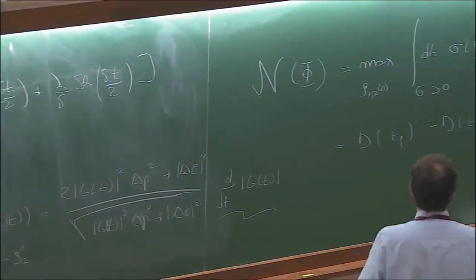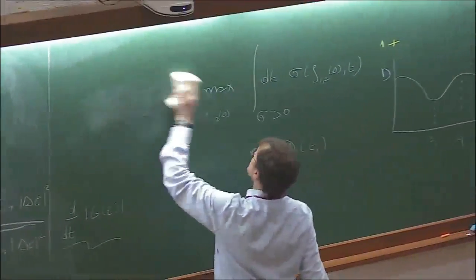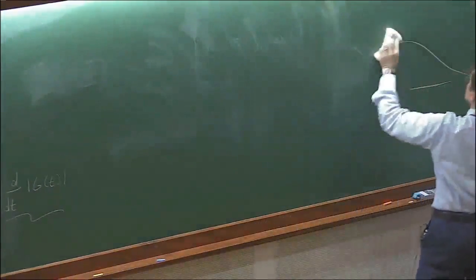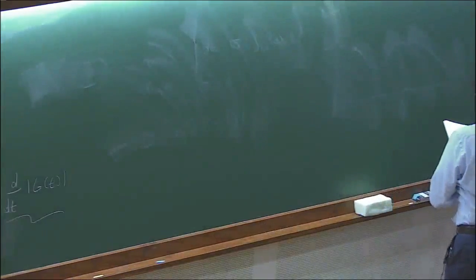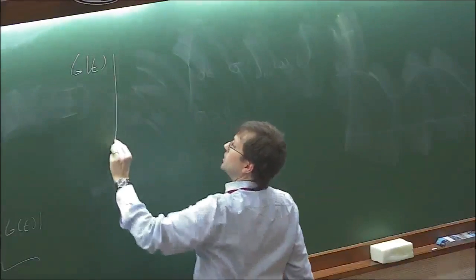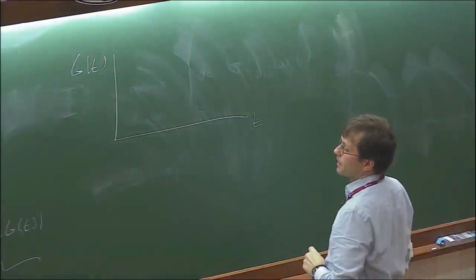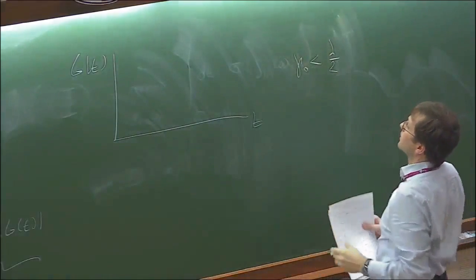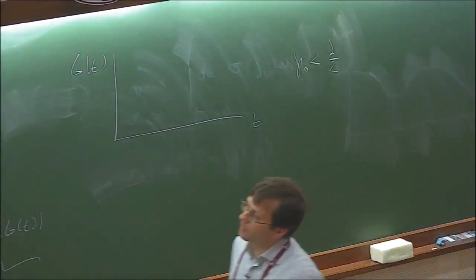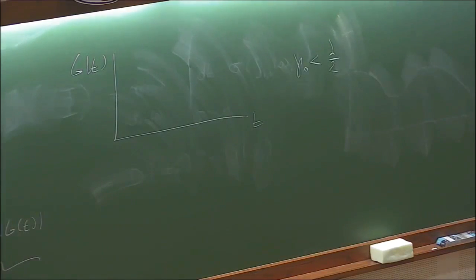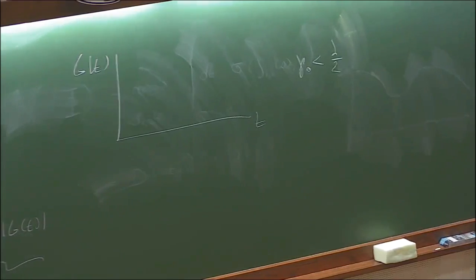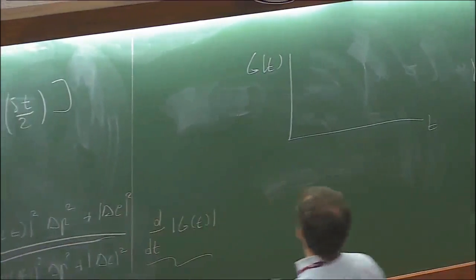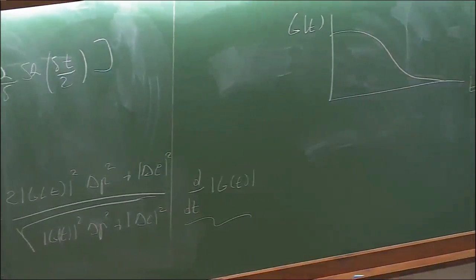So what happens? If we plot g of t as a function of time, in the situation in which the coupling is weak, and weak coupling means a relationship among the time scales, this quantity remains positive. Here you have hyperbolic functions, and as a result, if you look at the expression, it goes like this.